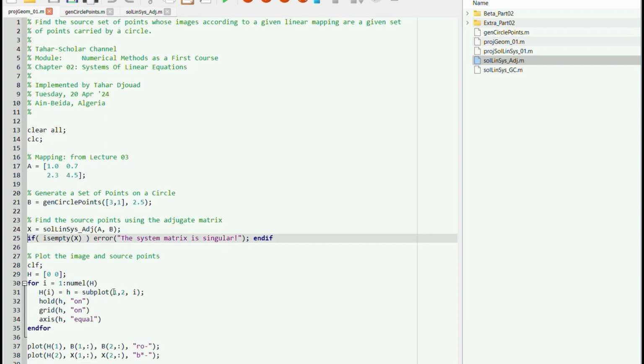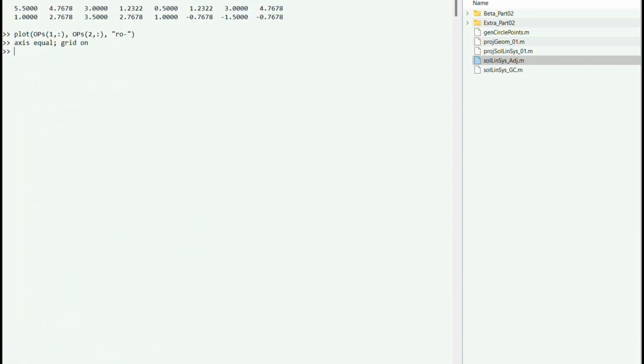So we draw them on a subplot. This might seem a little bit complex, but it's very simple. We need to draw both the image and the source points. We use subplot in a grid of one row, 2 columns, and in a loop we set each axis, because here we have 2 axes. We cannot use hold on and grid on alone like we did in the command window; axis equal and grid on apply to the current graphic axis.